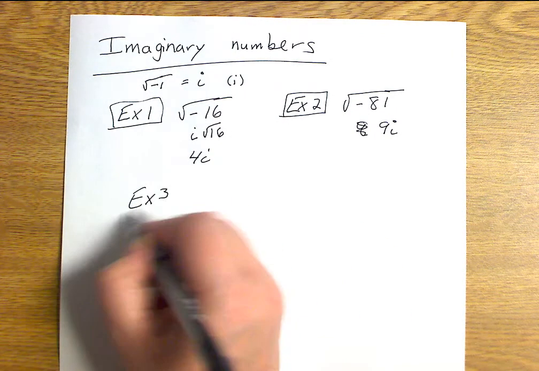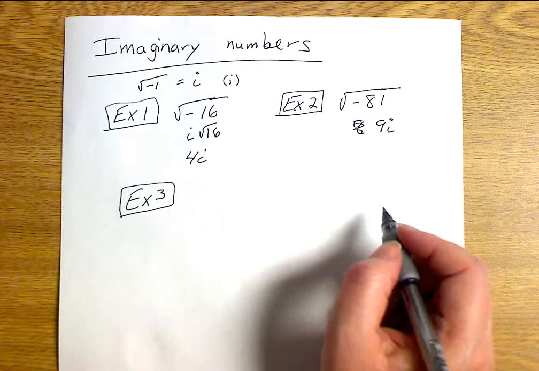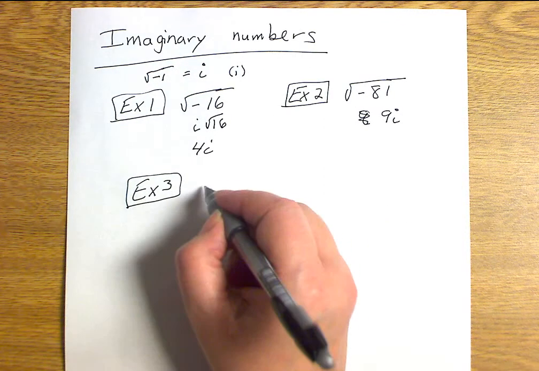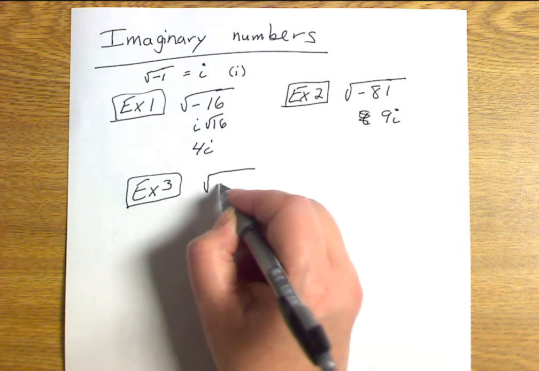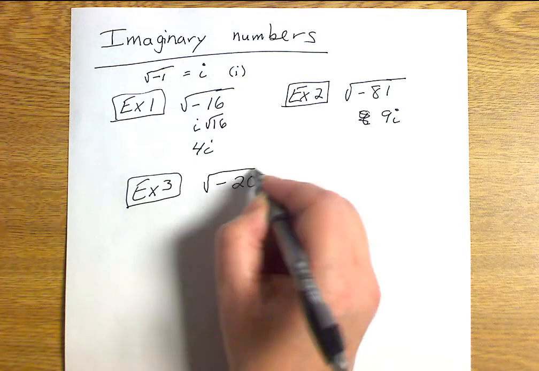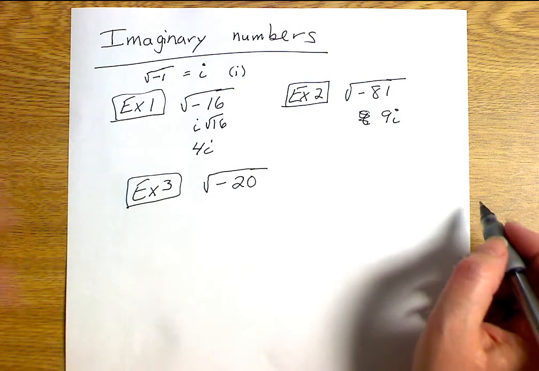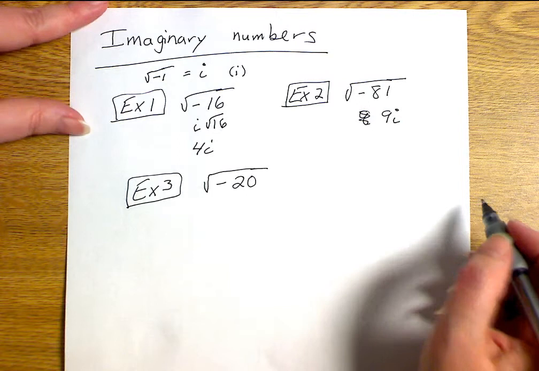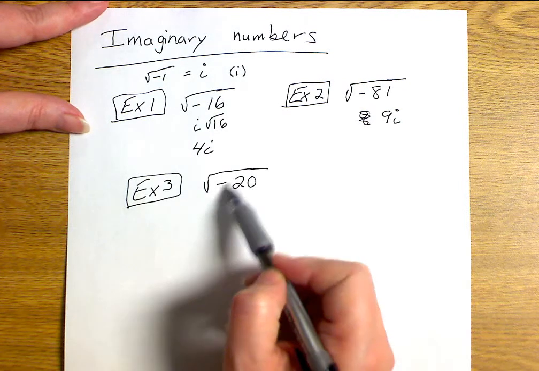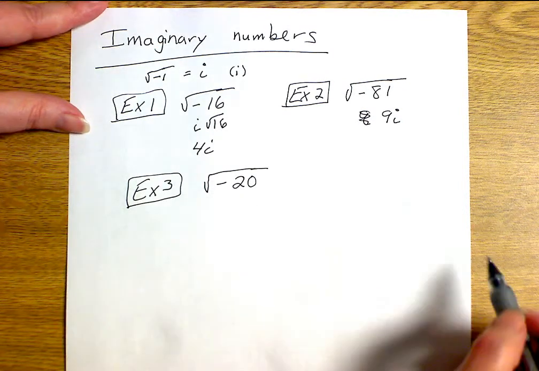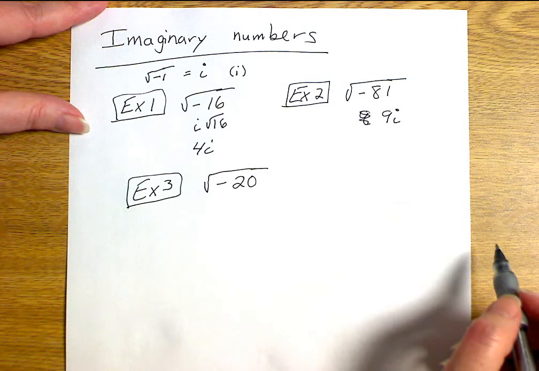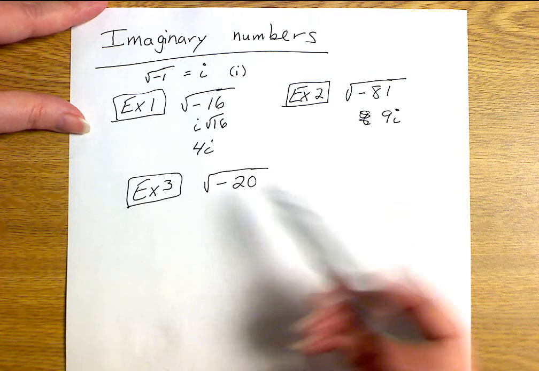All right. Try one more before we add the next step. The square root of -20. We still have to remember the stuff that we learned from before. The first thing you want to always do is take out the negative. What is the square root of a negative? i.